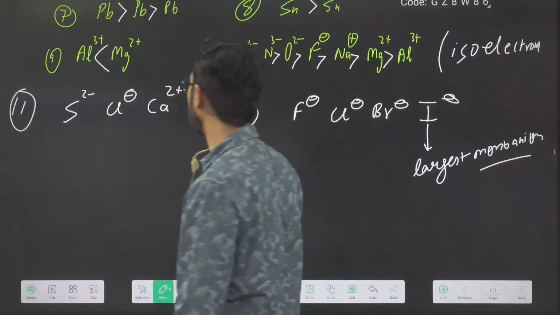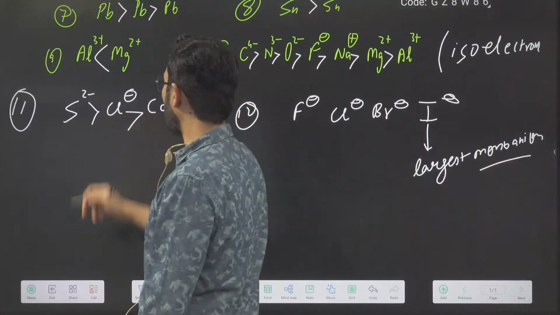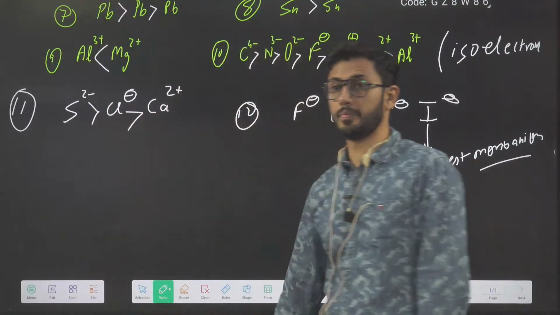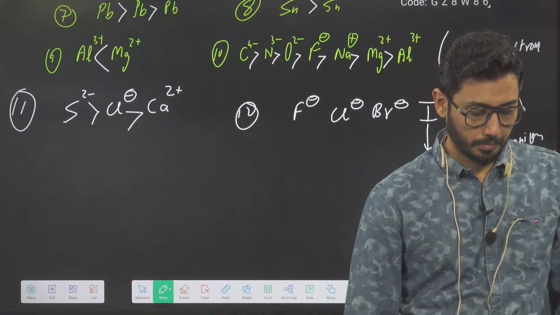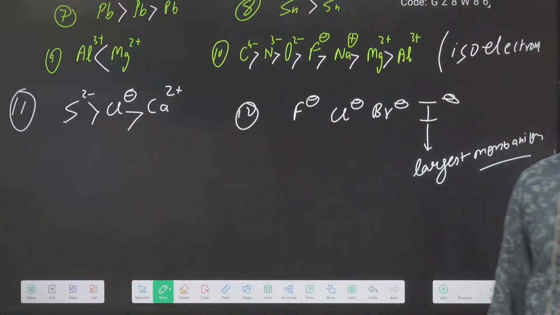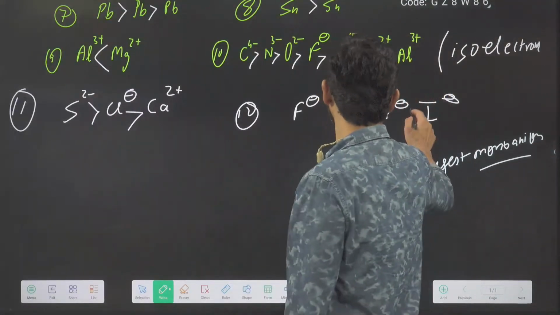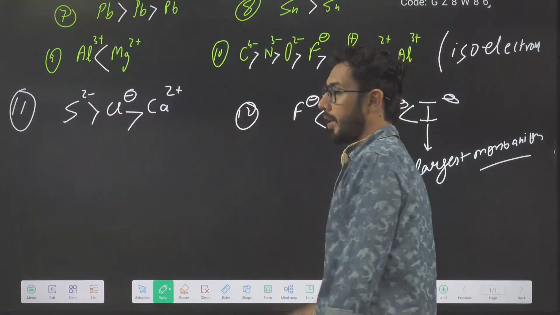Next one, isoelectronic. Take the normal trend, top to bottom.